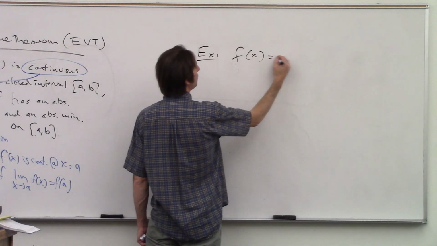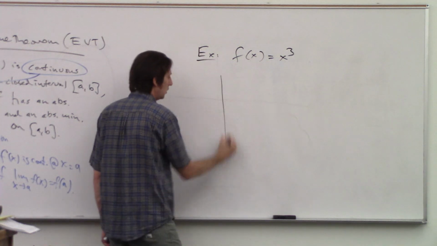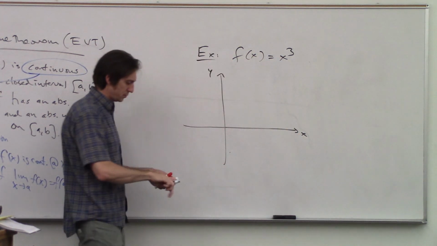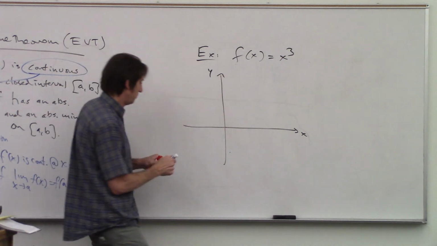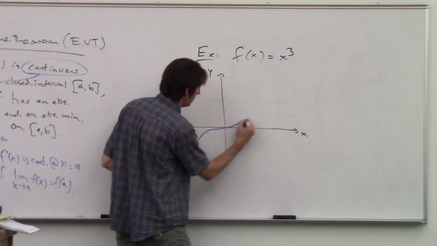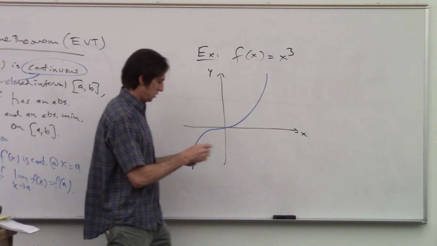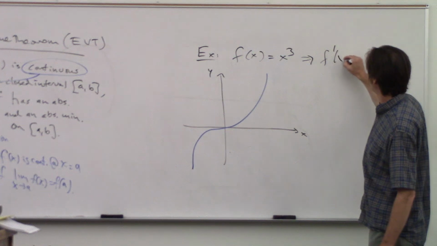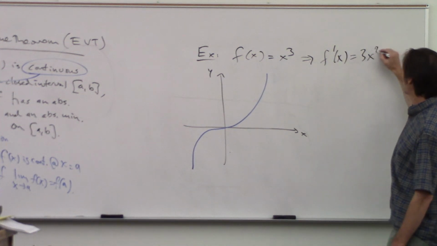If we look at f of x equals x cubed, we should know what the graph is. This is our standard cubic function. Right, the graph looks something like this. Using the power rule, f prime of x equals 3x squared.